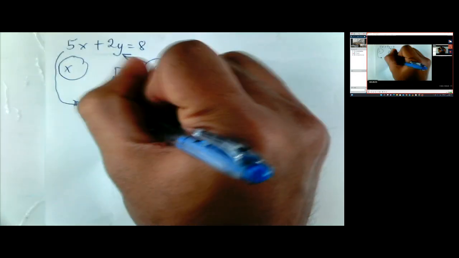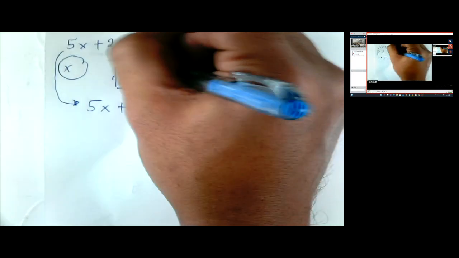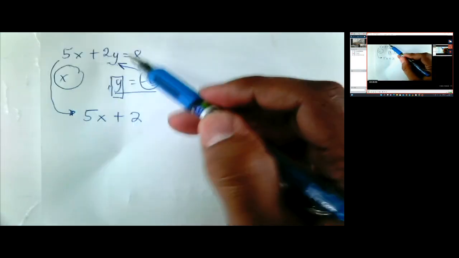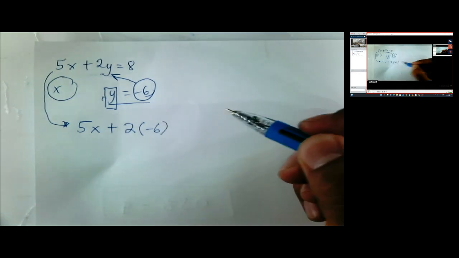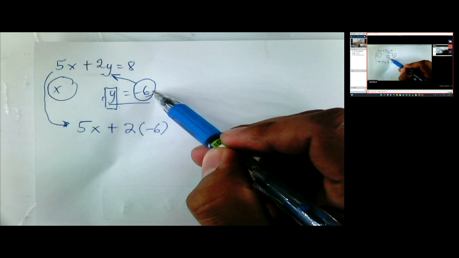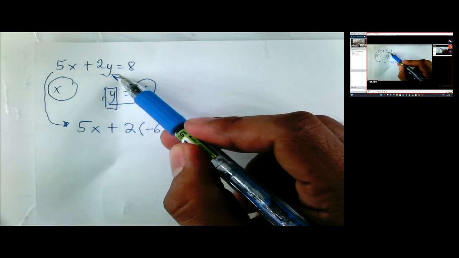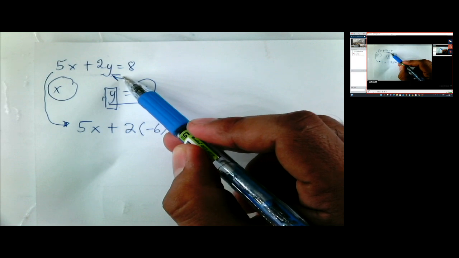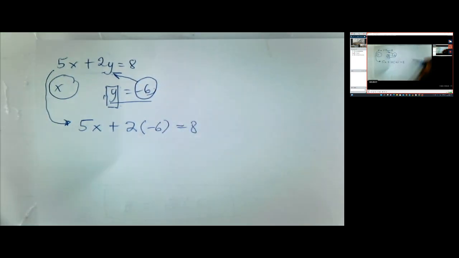So if we're going to rewrite this, we will have 5x plus 2. Again, this means multiplication, right? 2y. So we will have 2 times negative 6. Since the value of y is equal to negative 6, you're just going to substitute it to your y over there, to the value of y, which is equal to 8.